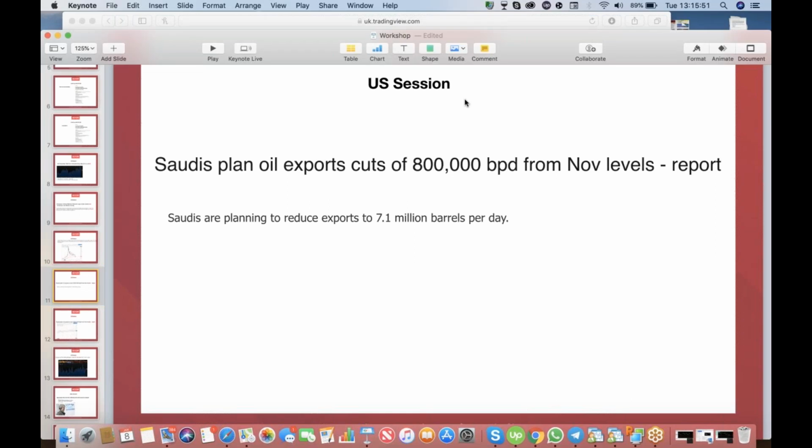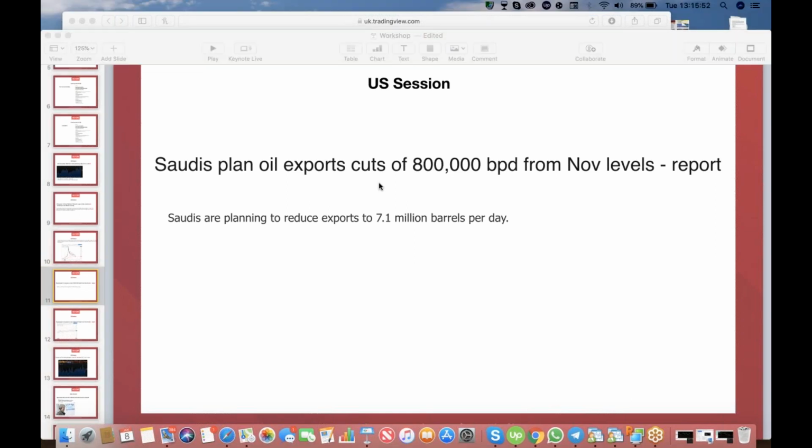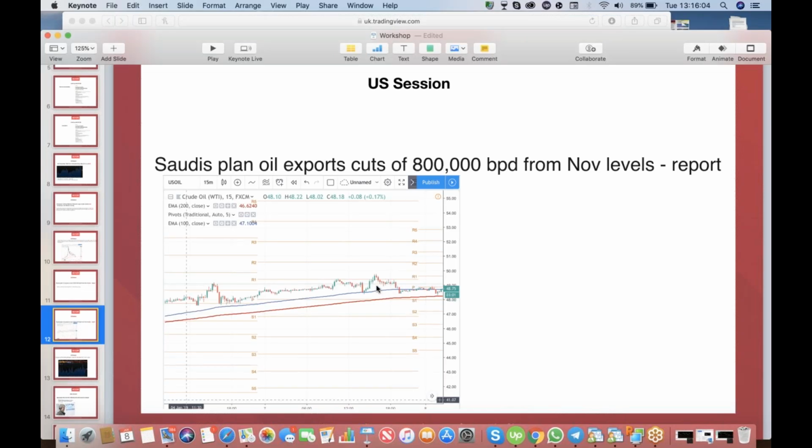Okay, so Saudi Arabia is cutting oil exports to 800,000. That was new news. It was an increase of export cuts. I was at my desk at the time, and I remember price was just nudging up to this pivot point, the resistance 1 pivot level, and I thought, that's potentially a very good place to go long.